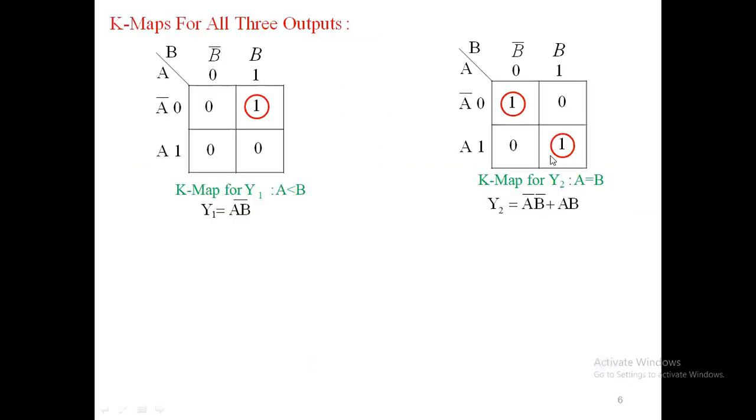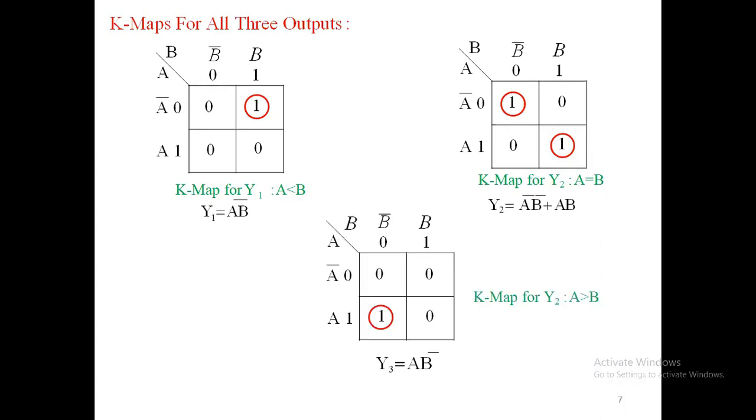There is no pair or quad possibility, so we write the single entries: one is A bar B bar, another one is AB. And the next, Y3, that is A greater than B. There is only one 1, at position 2.